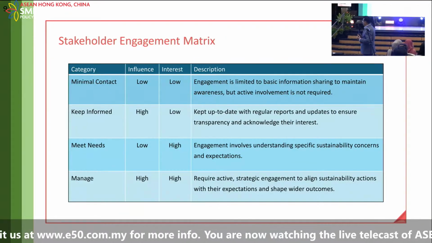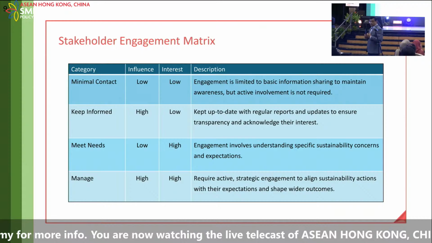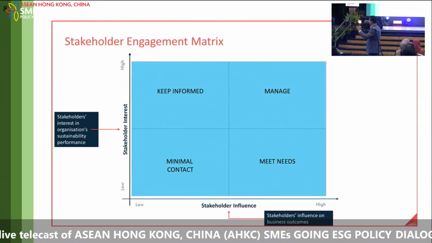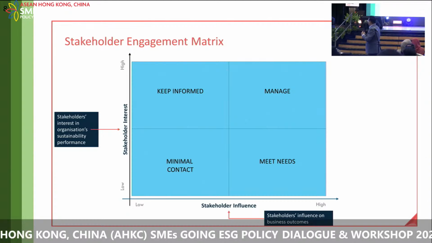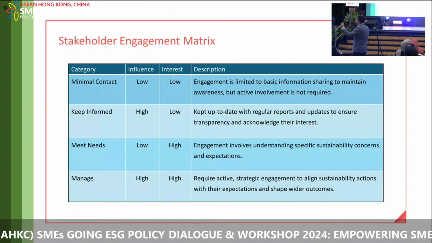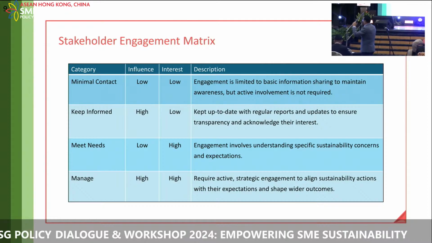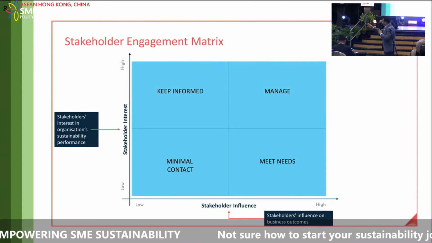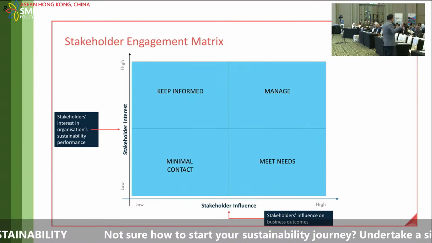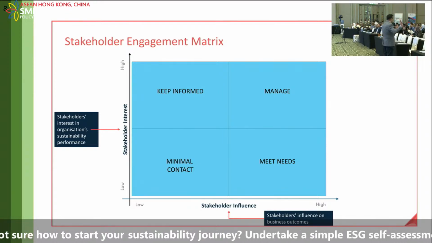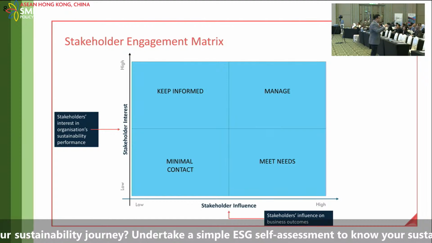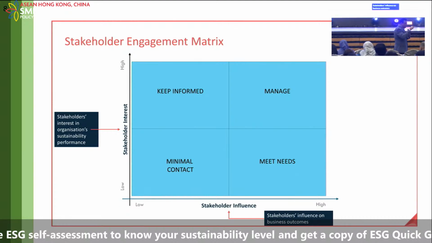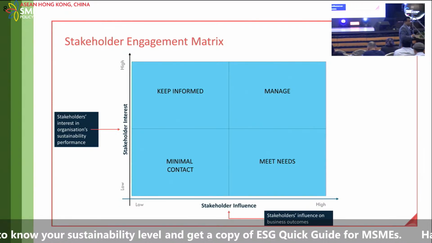Next slide, please. Thank you. So then if you say they fall under keep informed, which is high influence, low interest. Okay, keep informed, fine. So basically you see them on the left-hand side quadrant, top quadrant, meaning in terms of their influence on your business, not that big, but they are really, really concerned about your sustainability.